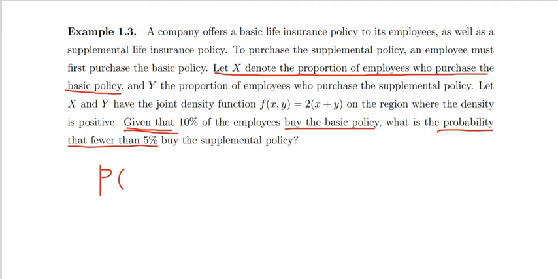So the condition is when X equals 10%. And this is the condition. What is the probability that those by supplemental policy, this is Y, Y less than 0.005? So we want to find this probability.